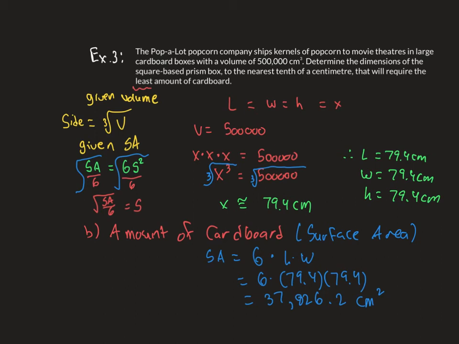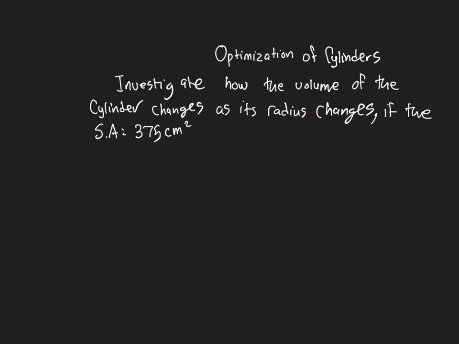All right. One last thing, we're going to be looking at cylinders. Okay, so finally, the last thing we're looking at is how you optimize for cylinders. So what I want you to do here, just as we did in the other ones, is investigate how the volume of the cylinder changes as its radius changes. Okay? So let's say the surface area is 375 each time.